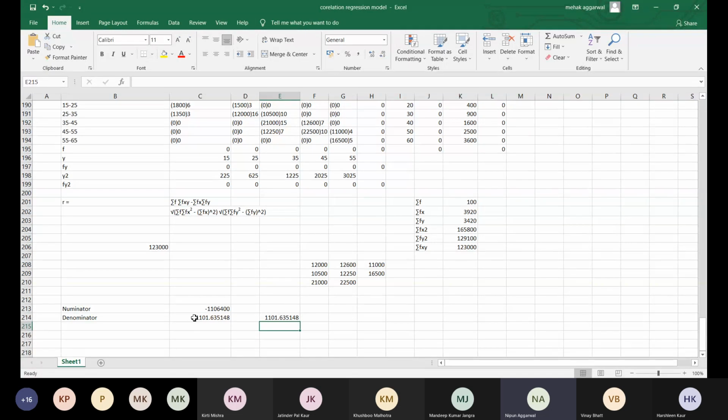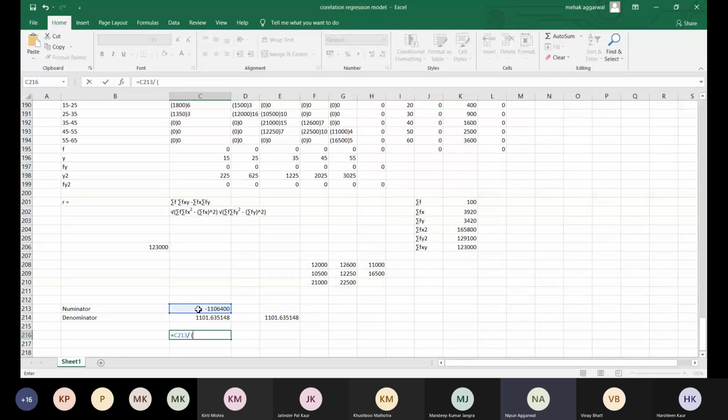So if we calculate this, this into this, so ultimately the answer becomes this divided by this into this. So minus 0.911. That will be your coefficient of correlation.